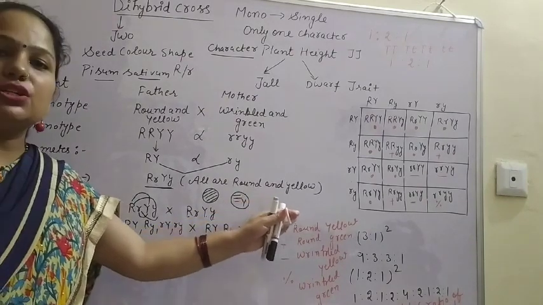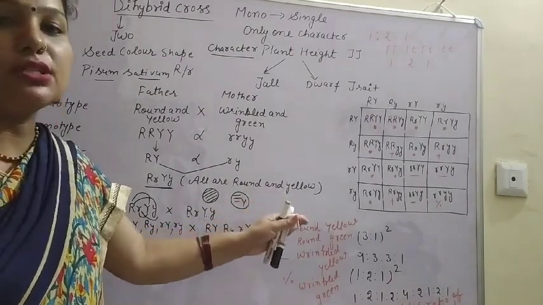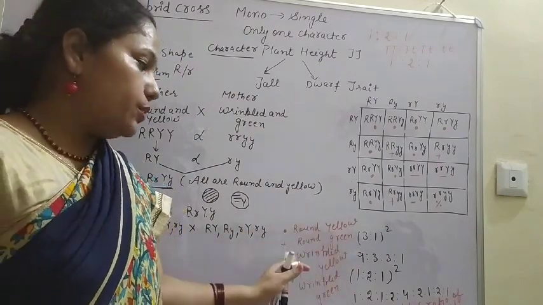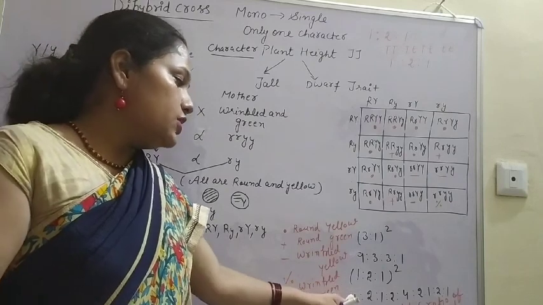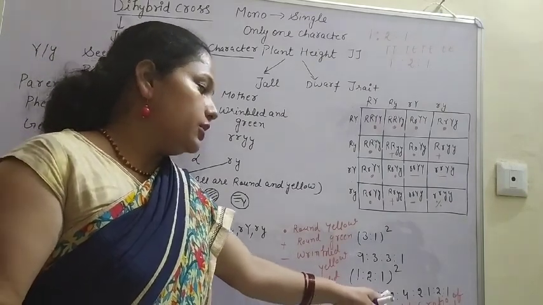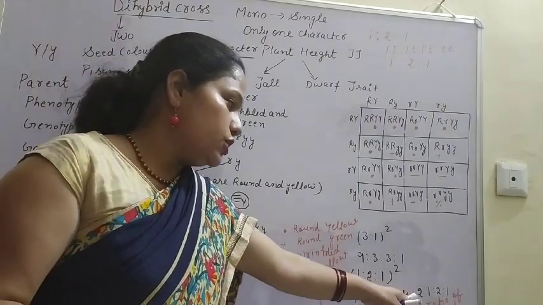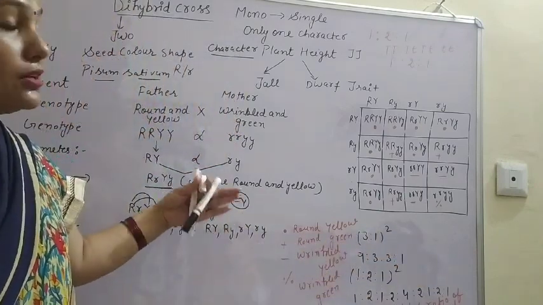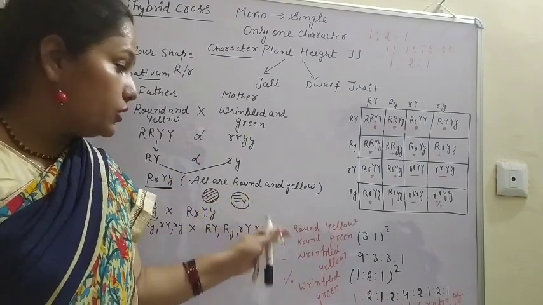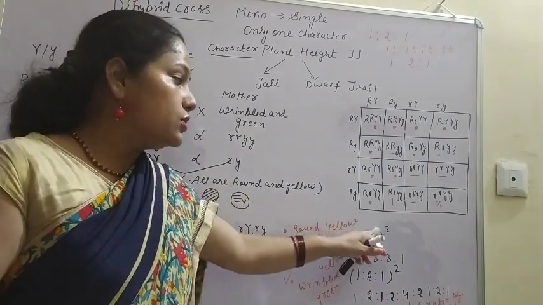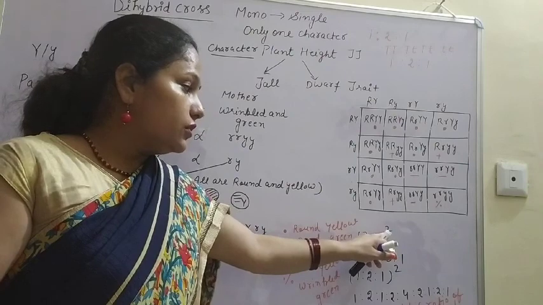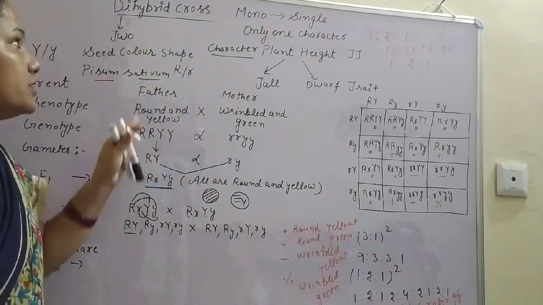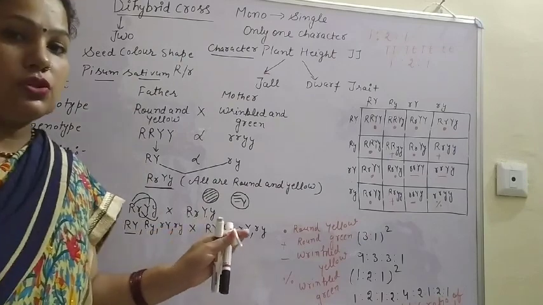In the F2 generation, the phenotypic ratio is 9:3:3:1, and the genotypic ratio was 1:2:1, then 2:4:2:1:2:1. And if you are taking the trihybrid cross, then also you have to just scale it with a 3 there. Okay, so that is the dihybrid cross.